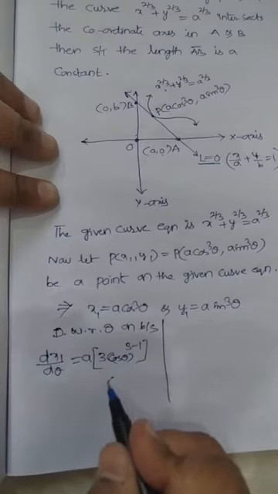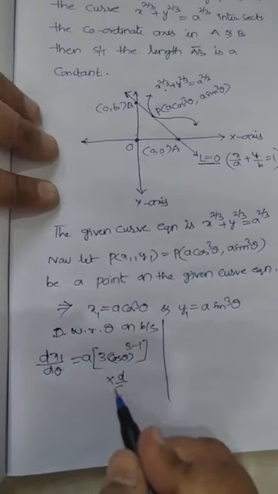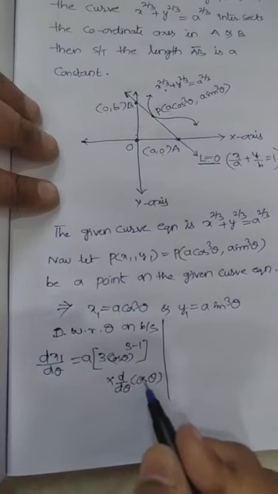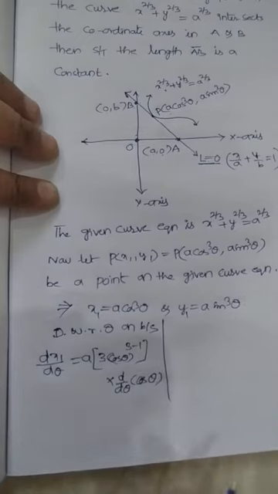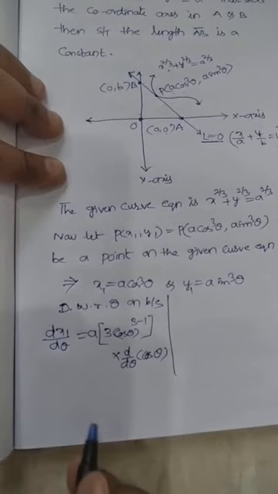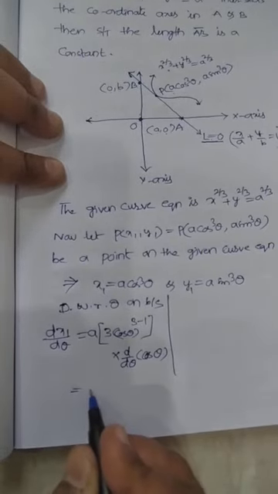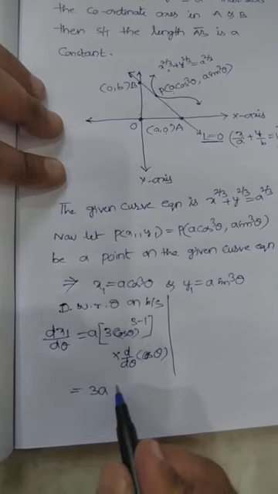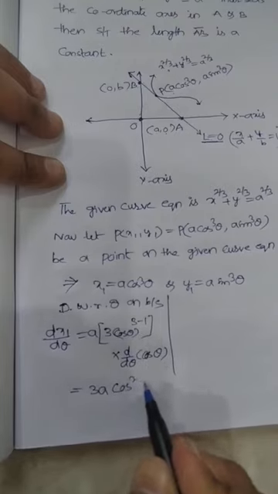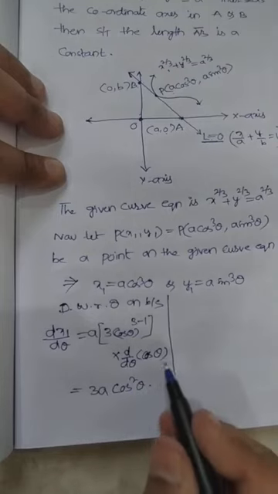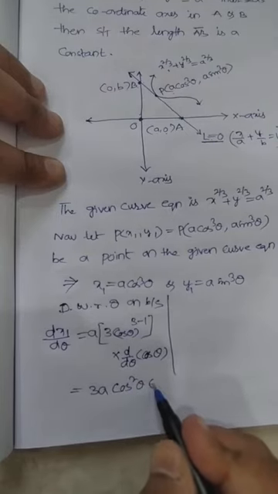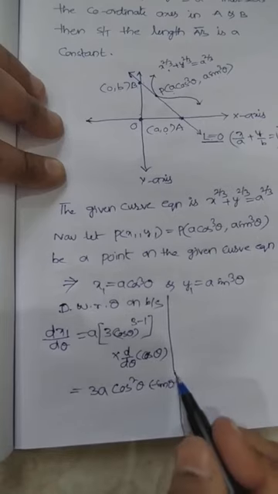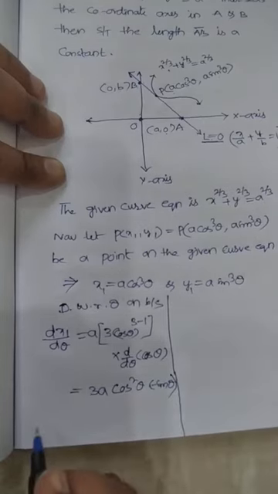Again you have to differentiate d by d theta of cos theta. So what I would get, 3a, 3 minus 1 means cos square theta, into derivative of cos theta, which is minus sin theta.